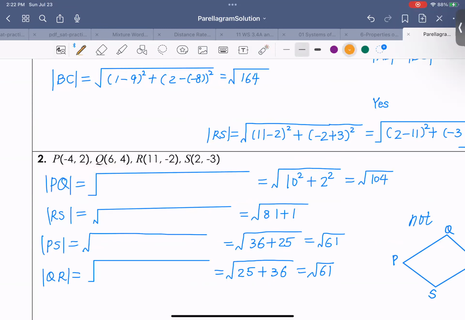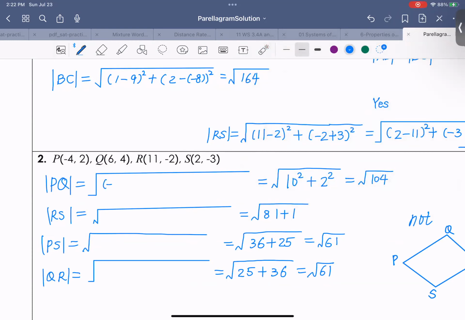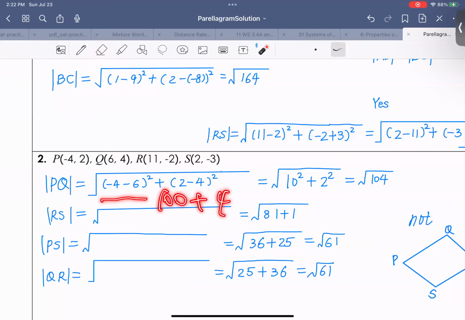Parentheses -4 minus 6 squared plus parentheses 2 minus 4 squared, which will give you 100 plus 4, which is square root of 104. This is 100 and this is 104.